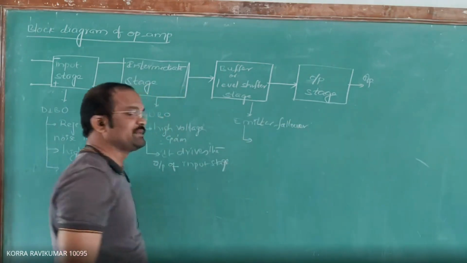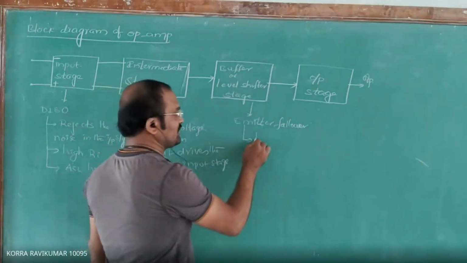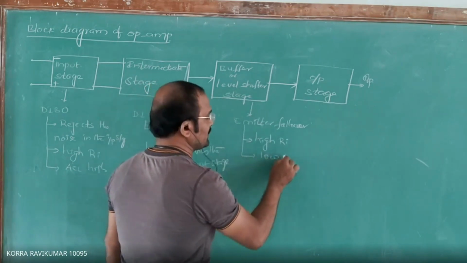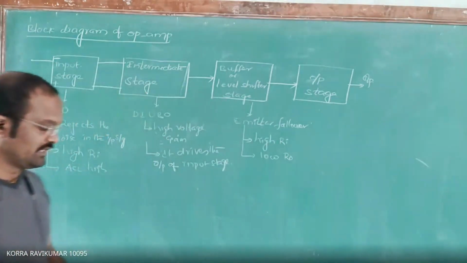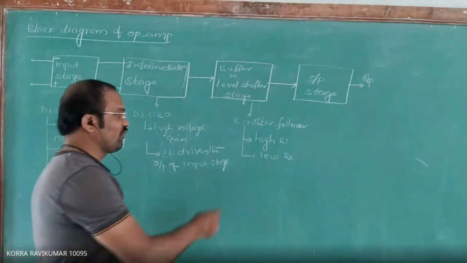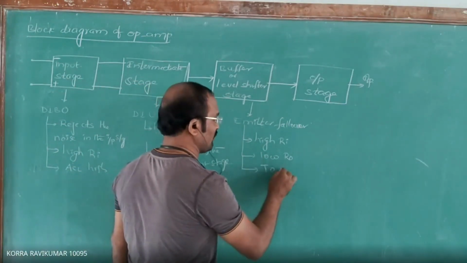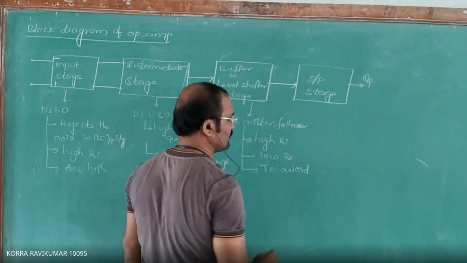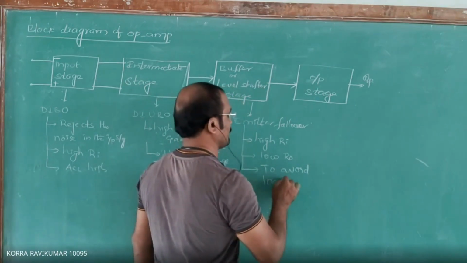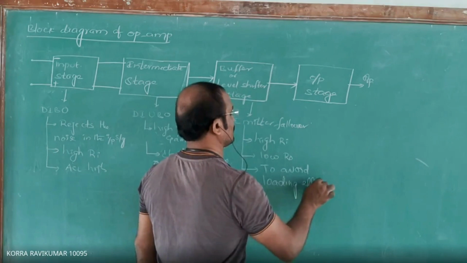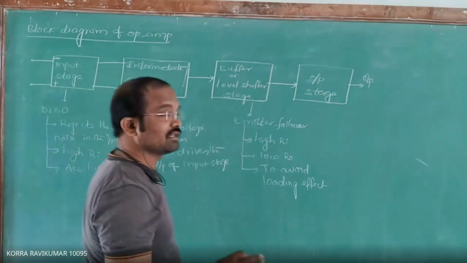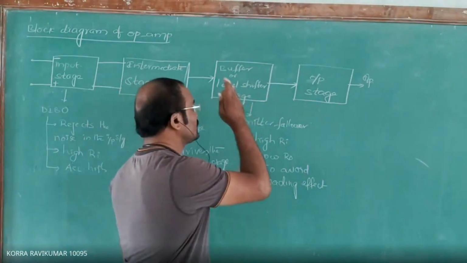The main purpose of this emitter follower is to maintain high input impedance and low output resistance, and also to avoid the loading effect. We are going to prove all these things. So that is the purpose of the emitter follower.